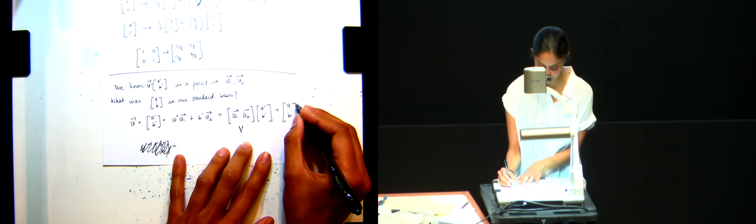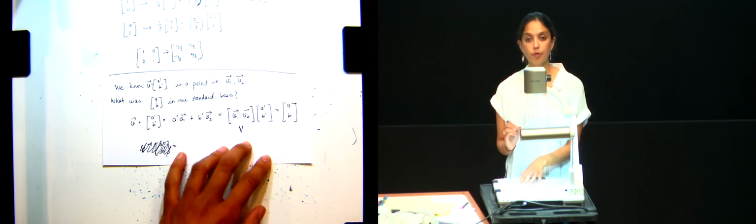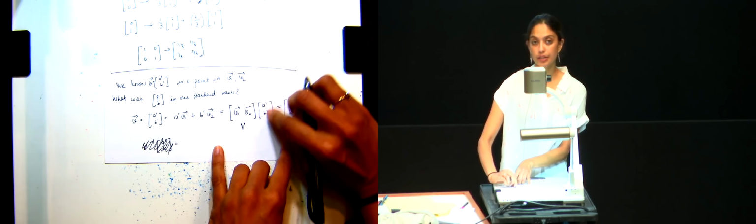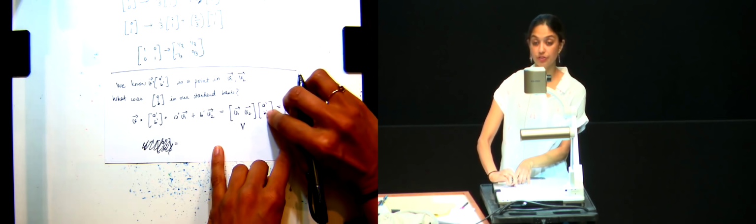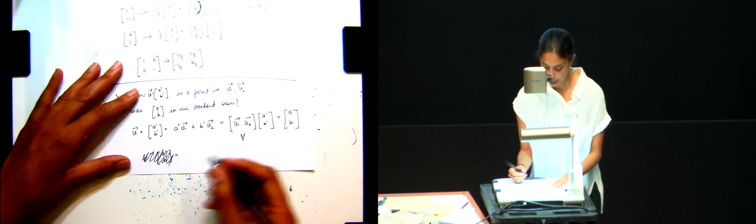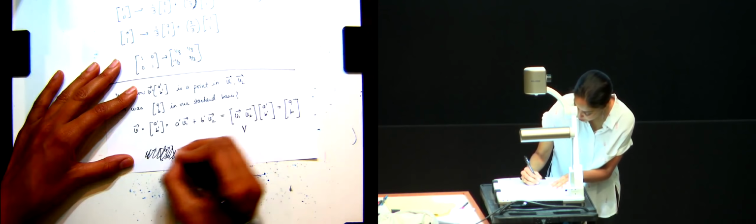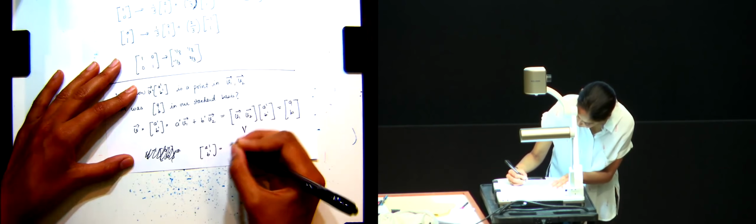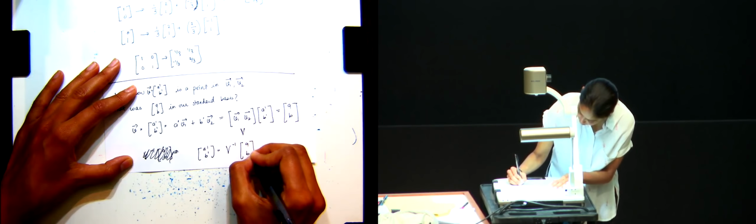So this guy, let's say, is equal to AB, if I want to convert to the standard basis. In the standard basis, this is AB. In the changed basis, this is A prime, B prime. And so now, if I multiply both sides of this by V inverse, I get A prime, B prime is equal to V inverse times AB.